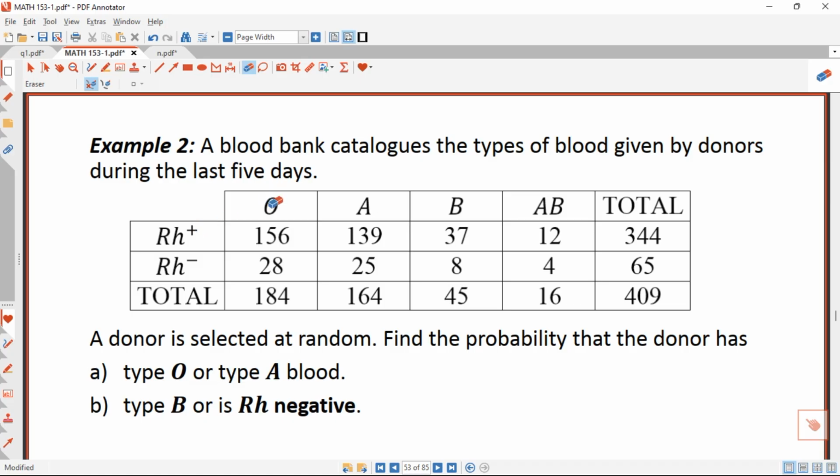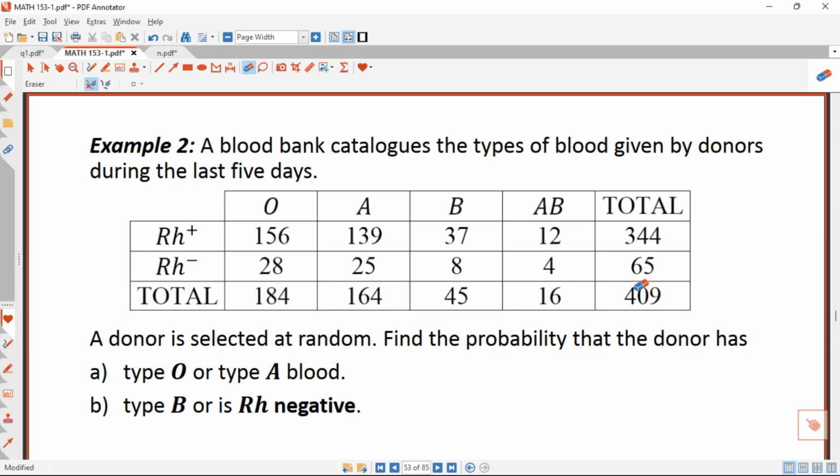The total for blood group O is 184. The total for blood group A is 164. The total for B is 45. The total for AB is 16. And then the total for RH plus is 344. The total for RH minus is 65.